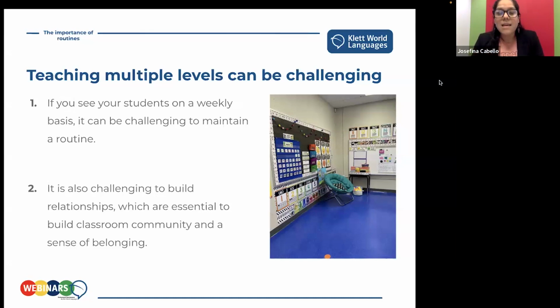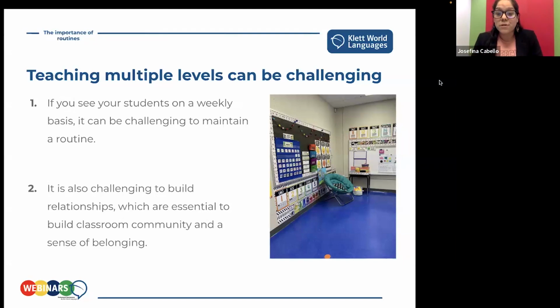Not only that, it's also challenging to build relationships, which are essential to build a classroom community and a sense of belonging. With this being said, sometimes our students might see our world language classes as free time or as a recess, especially if teachers drop off the students in your classroom and say, okay, well, have fun. So our students feel like our classroom is not really a class. Sometimes they see it as a break.